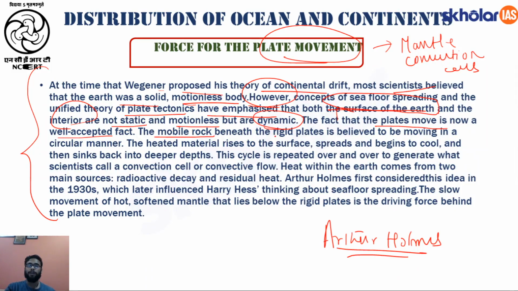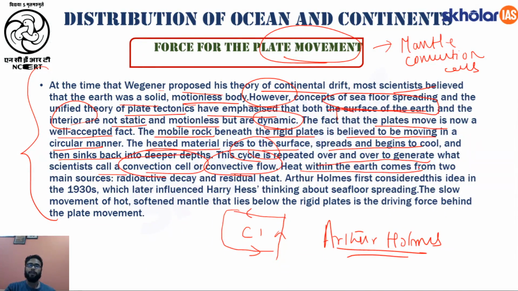The mobile rock beneath the rigid plates is believed to be moving in a circular manner, that is, the convection cells. The heated material rises to the surface, spreads and begins to cool, and then sinks back into deeper depths, right? Because it rises, it moves, then it gets cooled down and it sinks, forming a convection cell. This cycle is repeated over and over to generate what scientists call a convection cell or convection flow.